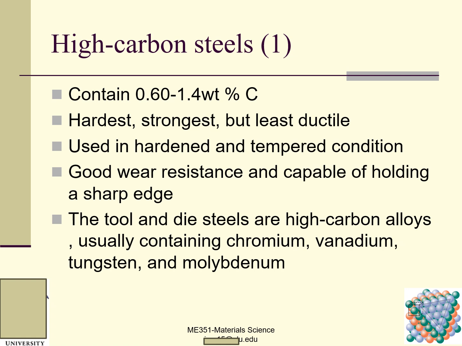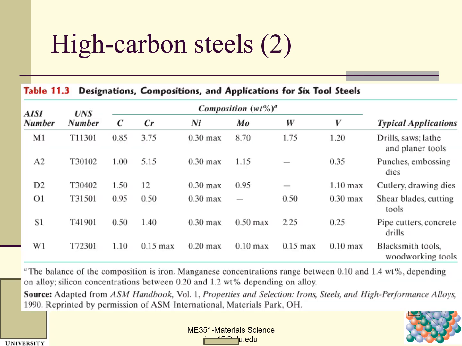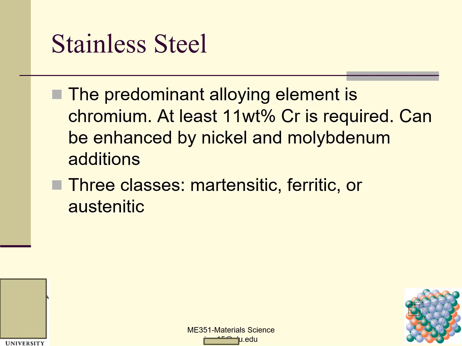As a result, they have been used as tools, dies, and cutting blades. The tool and die steels are high carbon alloys, usually containing chromium, vanadium, tungsten, and molybdenum. Here are commonly used high carbon steels with AISI number, UNS number, and composition, and here are the typical engineering applications.